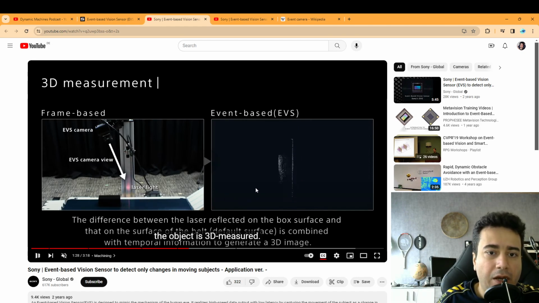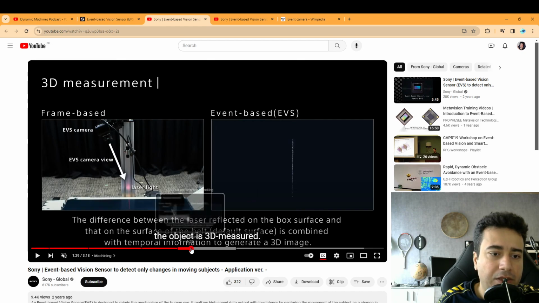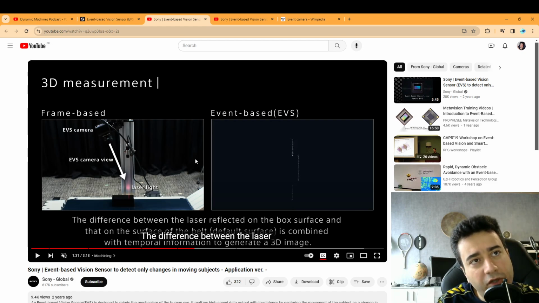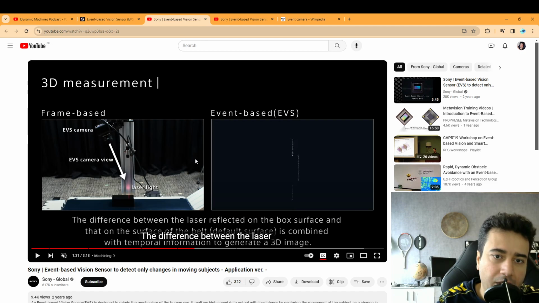At the right side, you see a difference between the baseline and the box, so you can measure the height differences. And it is not only about the height, but also visualization of a 3D model of this box.